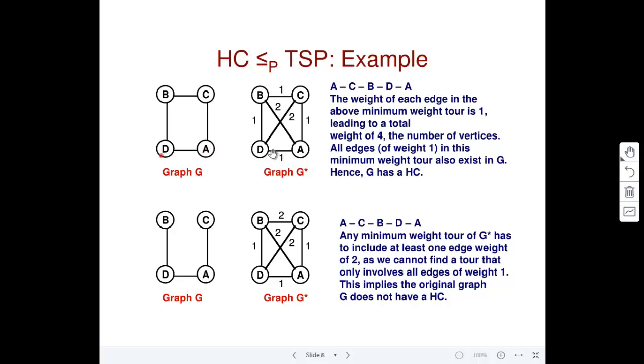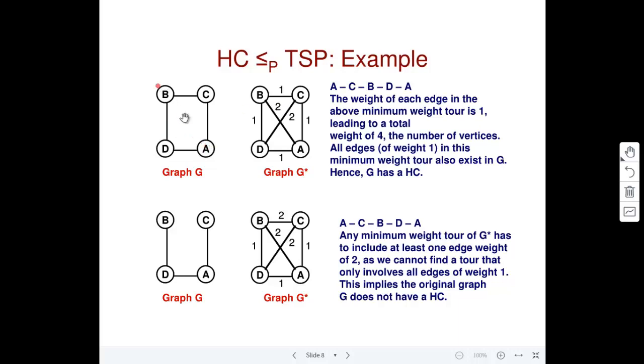So AD, the weight is 1, BD, the weight is 1, BC, the weight is 1, AC, the weight is 1. Now for any two vertices that don't have an edge between them in the original graph, we have an edge between them in the complete graph such that the weight of such edges is greater than 1. So let us say the weight of such edges is 2 in this case.